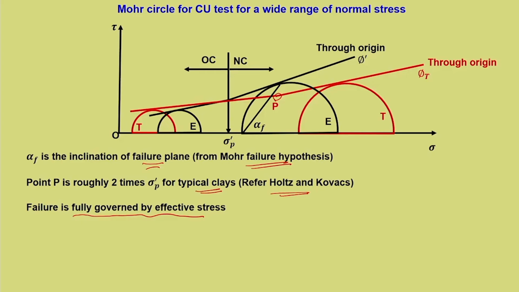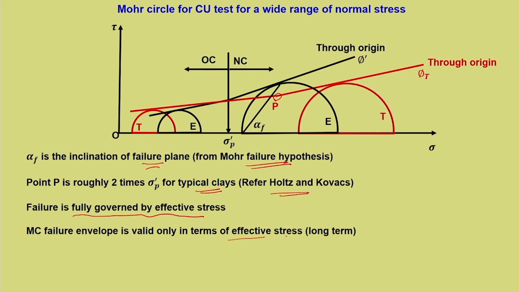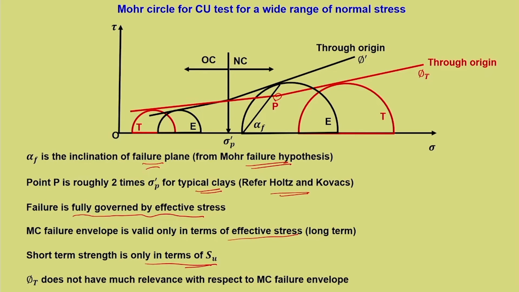So, failure is fully governed by effective stress. The MC failure envelope is valid only in terms of effective stress, that is long term. Short term strength is only in terms of undrained cohesion. So, phi t does not have much relevance with respect to the Mohr Coulomb failure envelope.